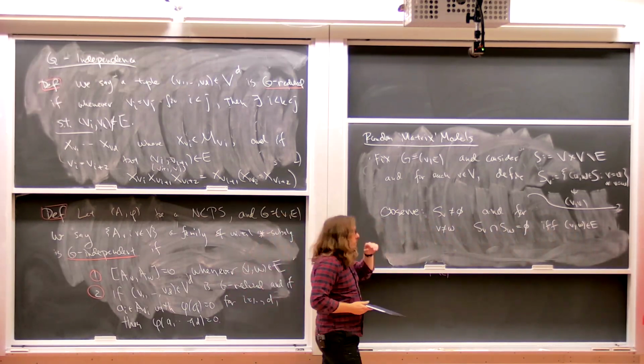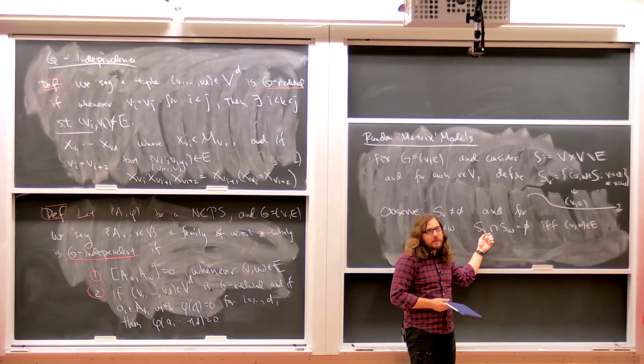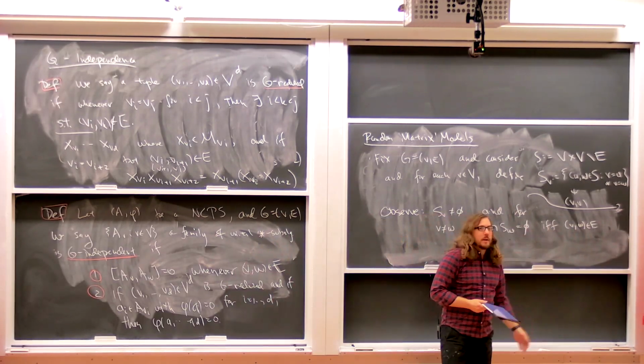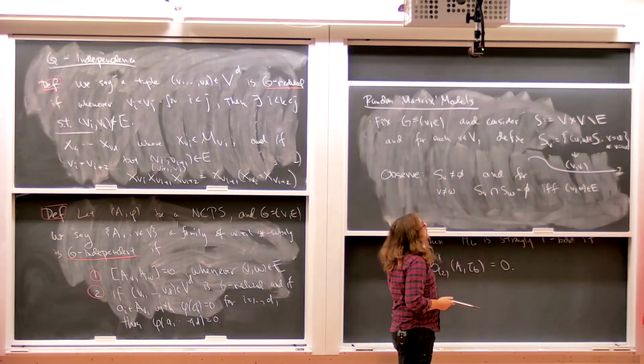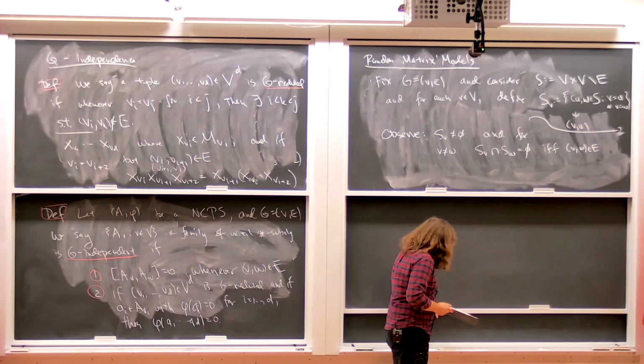Okay. Well, anything in here, by definition, has to have V showing up in one of the coordinates and W showing up in one of the coordinates. And since they're different, that meant that it was not an edge.